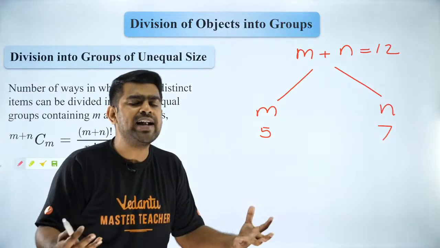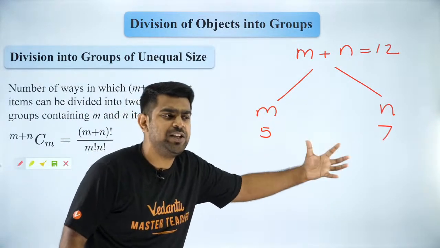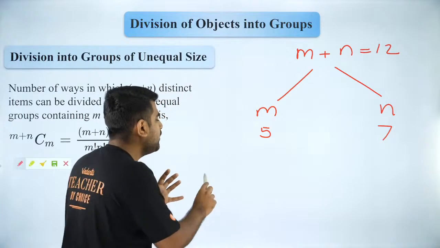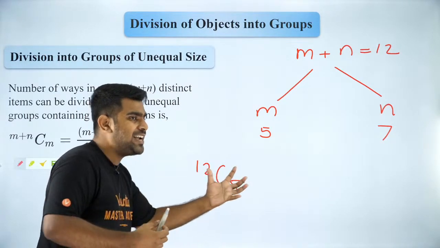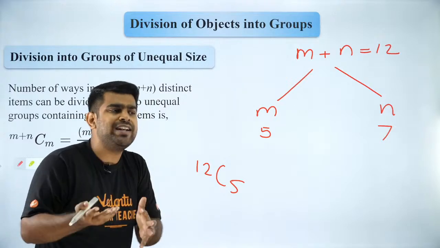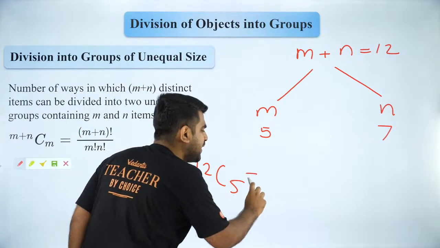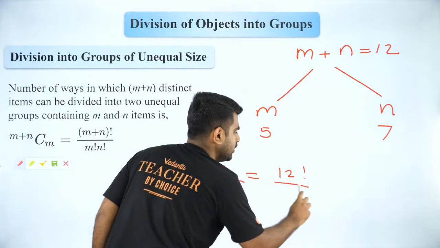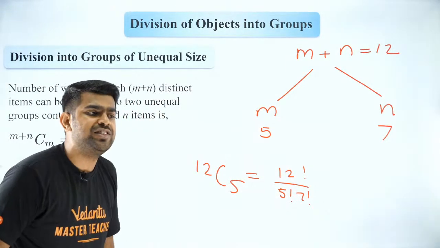So how do we do that? The very easy way of looking at it is, if I select 5 from 12 objects and keep it aside, automatically 7 is left out, na? So don't you think 12C5 is the answer?